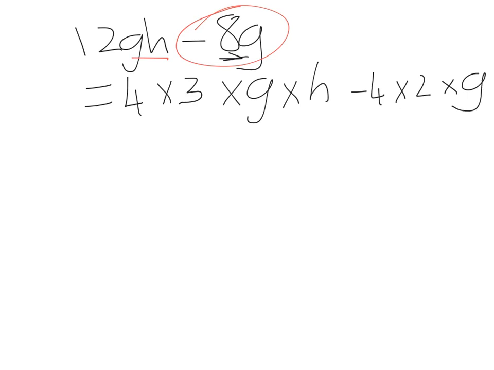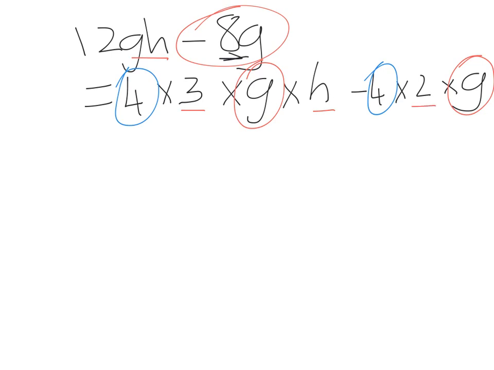All right, let's circle our common number factors here. There are two 4s, and our common letter factors or variable factors are g. There are two g's. There's no more 3s, no more h's, and no more 2s.